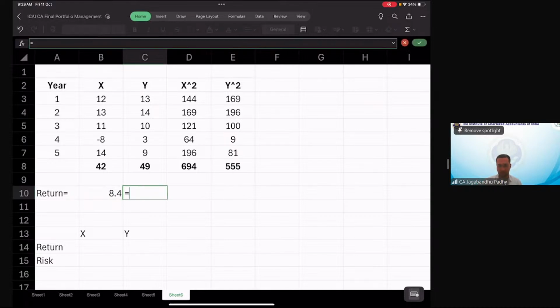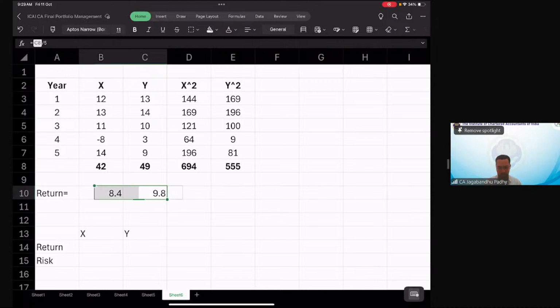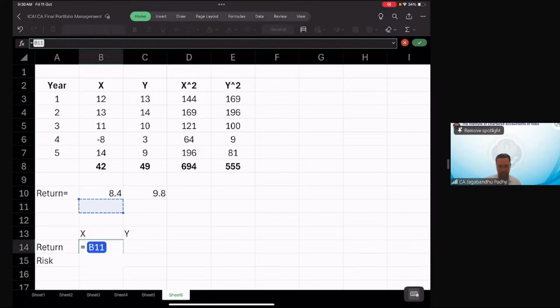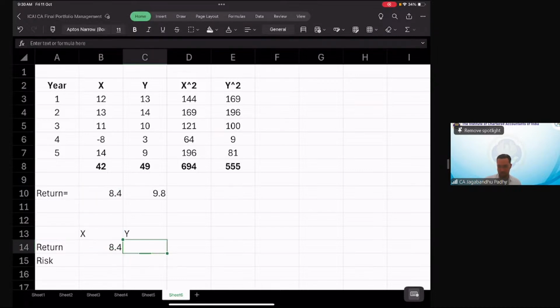And for Y, it will be 49 divided by 5, 9.8. Right. So we are expecting a rate of return from these two securities of around 8.4 and 9.8%. So return is 8.4 and 9.8.